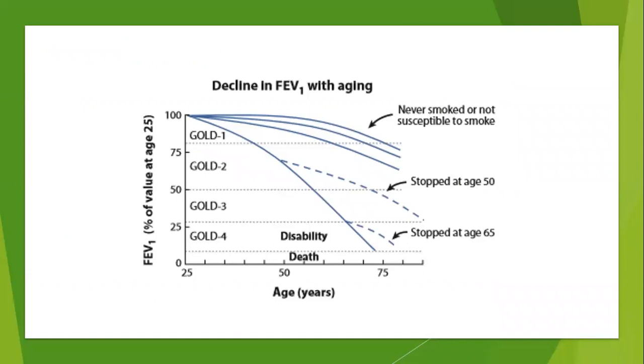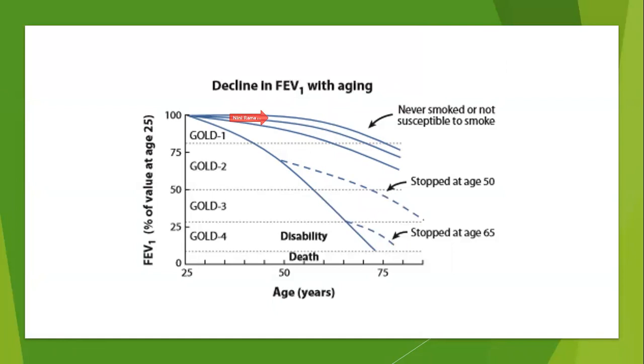Okay, this is another interesting graph. This line is the FEV1. FEV1 is the forced expiratory volume at 1 second. FEV1 declines with aging normally, okay?